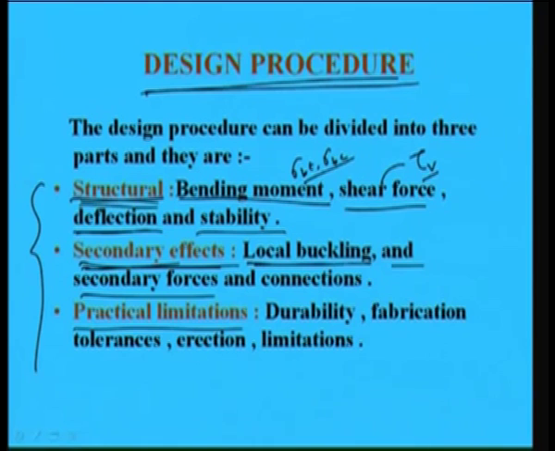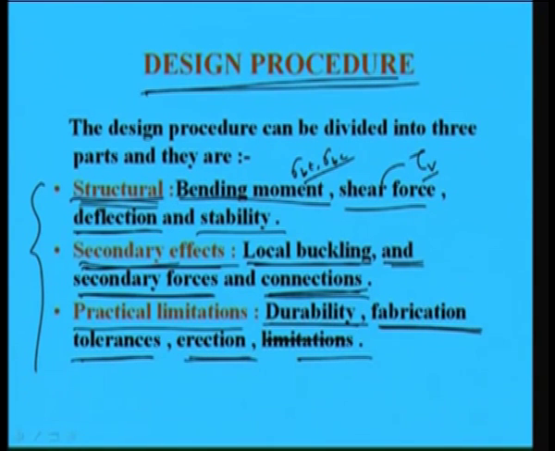Local buckling may come into the picture, and secondary forces due to buckling may also come into the picture. Another is connections. Connections also we have to see, and practical limitations also we have to look into, that is durability, fabrication tolerances, erection limits, etc. So, durability, fabrication, tolerance and erection, all those things we have to see, right.